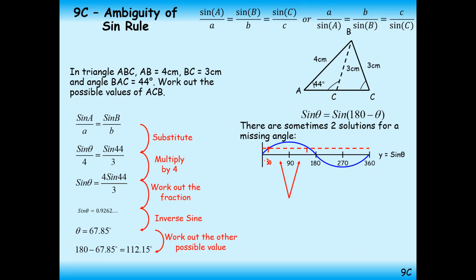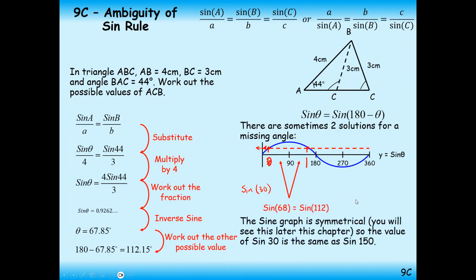When we evaluate the sine of that angle, we get the y value here. We give it an input of 30, and ask what the outcome is. It has the same height, the same y value, as 180 minus 30, or minus this theta here. That proves it with the graph.